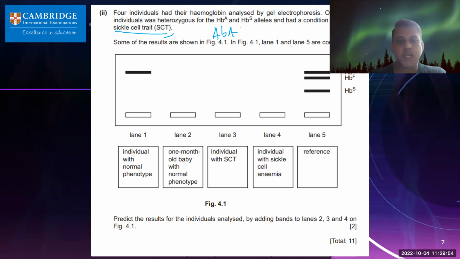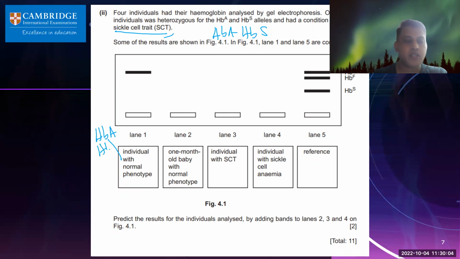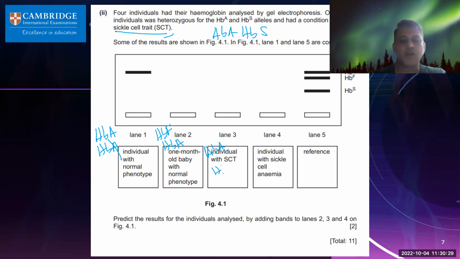So the person has hemoglobin A and hemoglobin S. For normal phenotype, we should expect hemoglobin A, hemoglobin A. A 1 month old baby with normal phenotype: we have learned the baby continues to produce hemoglobin F until 6 months, so then we can have hemoglobin F and hemoglobin A. Now in this question, we are advised to use the combination hemoglobin A and hemoglobin S, because it's sickle cell trait. Sickle cell anemia should have hemoglobin S, hemoglobin S.